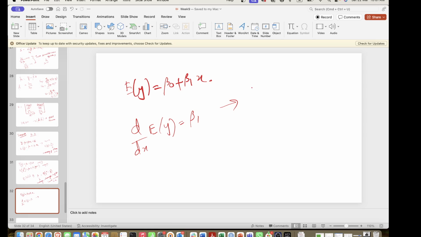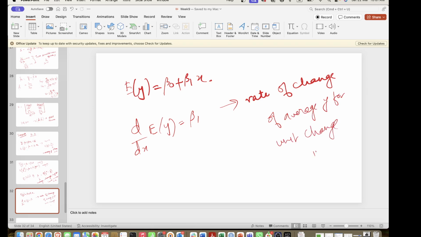Which also says that it is the rate of change of average y for a unit change in x.